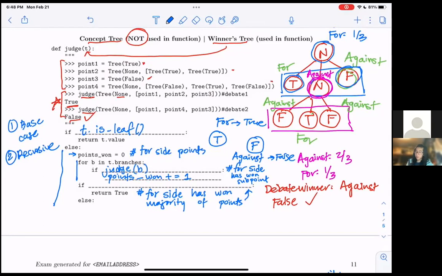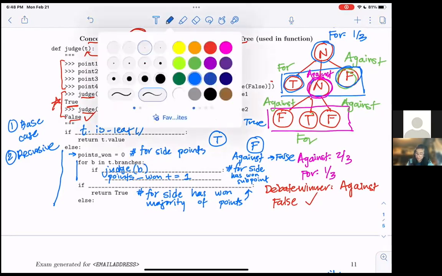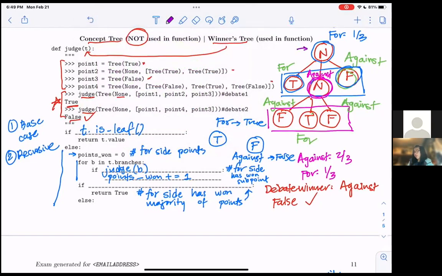For example, when we started out, T was this node, and the branches of T were the ones that were boxed in blue. So we're calling judge on each of those branches and determining, using the judge function, whether the for side has won, which means that it returns true. Which is why we can just do if judge B, because it returns either true or false. And in the case that the against side wins, then we return false.